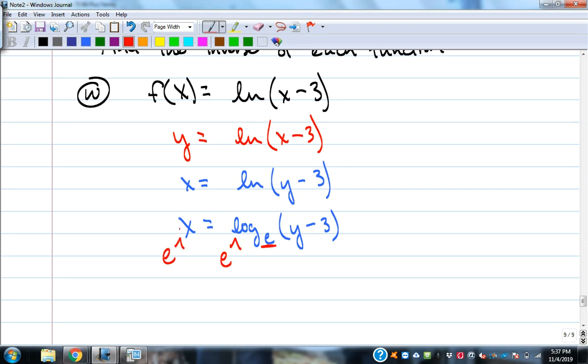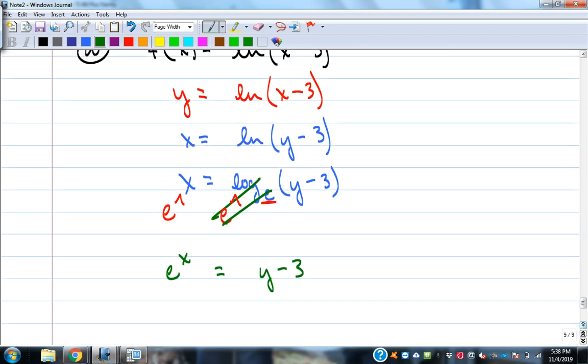And that little symbol is the caret symbol. That just means, hey, E's the base. This whole side now is the exponent. And the reason we want to do that is because these cancel each other out, and it gets rid of the logarithm for us. On the left-hand side, I've got e to the x. On the right-hand side, now all I've got is y minus 3.